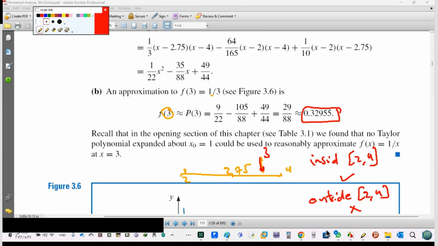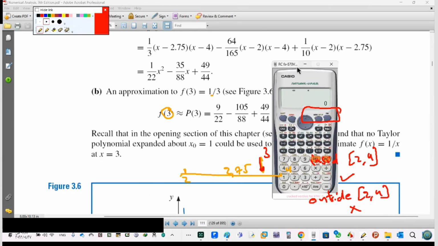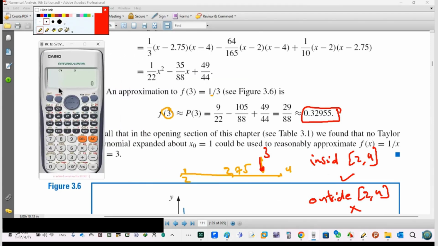Where is the calculator? Okay, this one. I can write here, as you see, it's here a third. Just 1/3 minus 0.32955. So almost nothing.